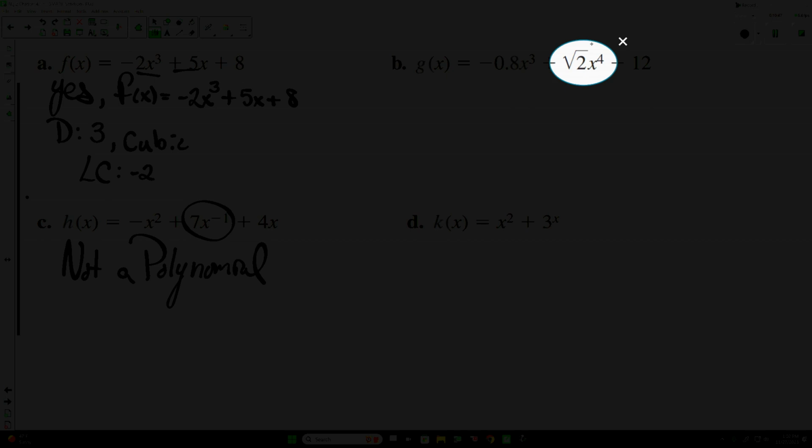The square root of 2 times x to the fourth. Is the x to the fourth inside the radical? It is not. The radical stops just right after the 2 because the little bar is not going over the top of x to the fourth. So this is a polynomial function.